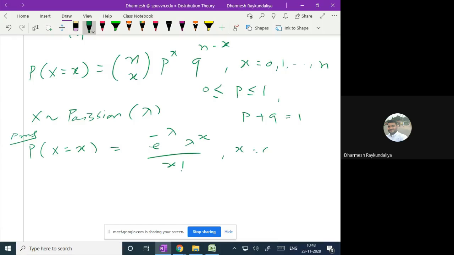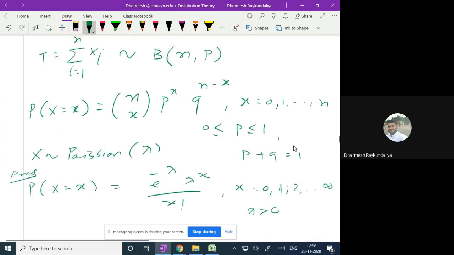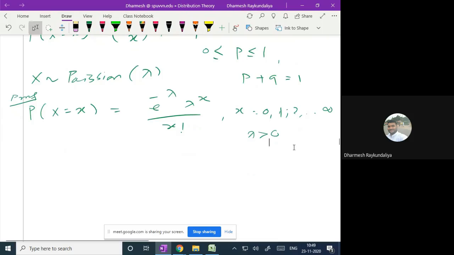X takes values 0, 1 up to infinity, and lambda is always greater than 0. Why is lambda greater than 0? Because X is nothing but the count, and when you find out the expected count, it cannot be negative, it is always non-negative. Okay, so this is said to be a Poisson distribution.